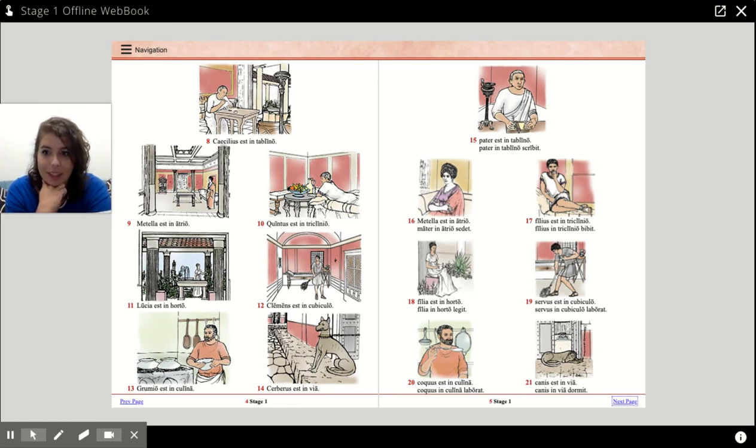Now, to help you with this, I have provided you a list with some bonus vocabulary. This is vocabulary that's not a part of the main vocabulary that I'm necessarily asking you to study to know for things like vocab quizzes. But this is vocabulary that you are going to see and that will help you with translating these. Now, there are lovely pictures to help with this.